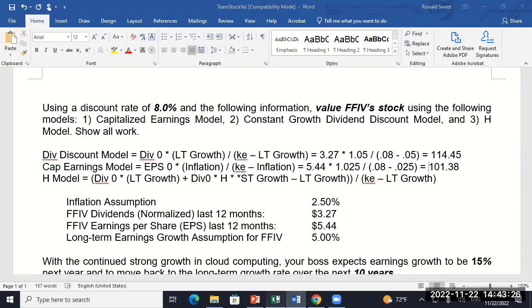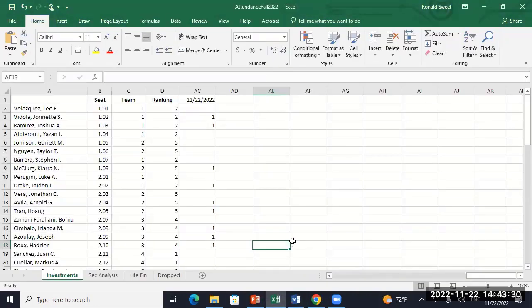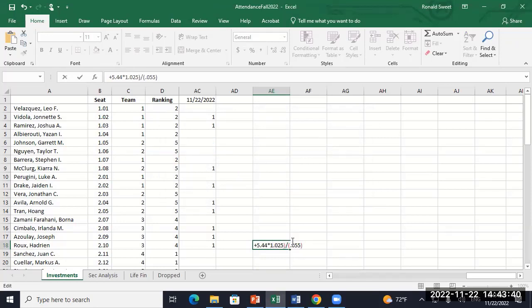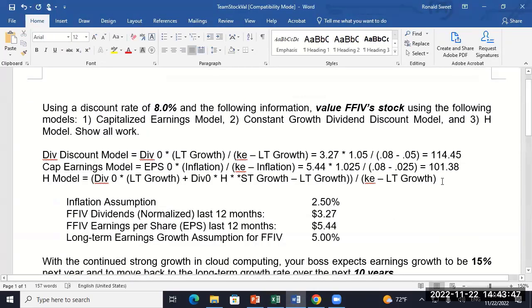See if that works. $101.38, is that what I said? 101.38, so that works.